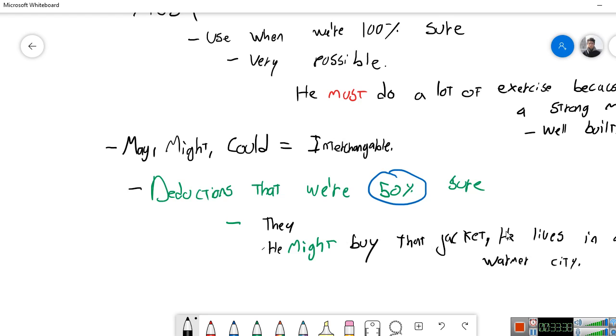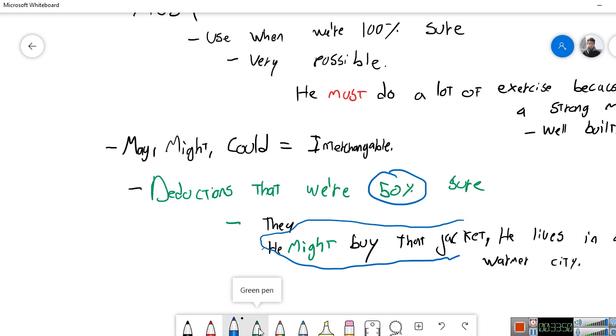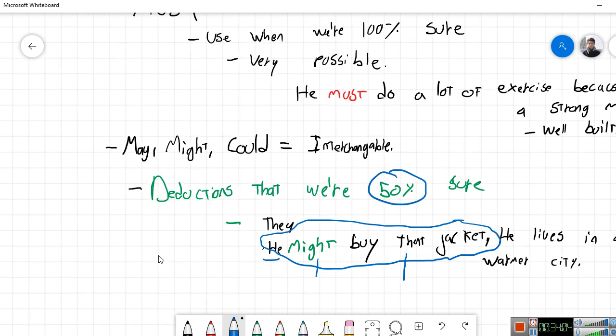You did very well with this first sentence. He might buy that jacket. We can simply leave it like that because this one is perfect: we have the subject, we have the modal verb, and the predicate. So we can just simply say he might buy that jacket, and we're gonna understand that you're not sure about that. All right.